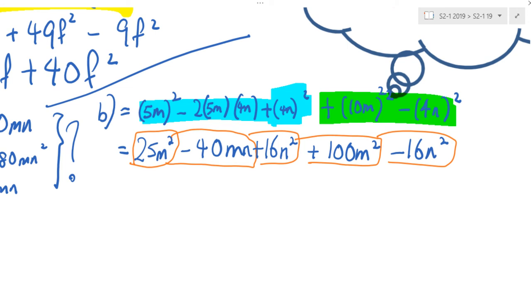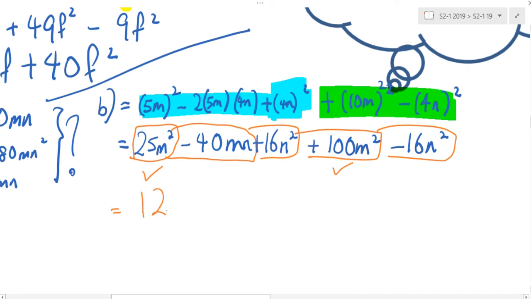So m, 25m, 100m. So what do you write? 125m square. Mn, is there anything? No, alone. Minus 40mn. Plus 16 minus 16? 0. Then that's the answer.